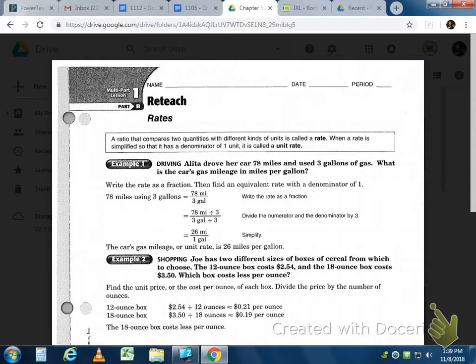If we are dividing this, the miles per gallon that's listed here shows us that we divide in that order. 78 miles divided by 3 gallons. This is where you would use your calculator and take 78 divided by 3. You end up with 26.